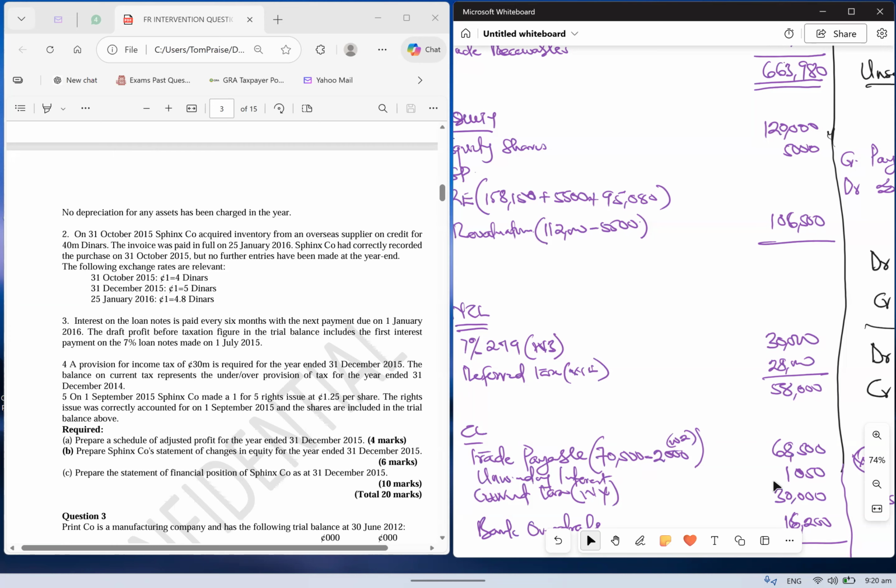So the extension of it is 258,730. So total equity is 490,230.